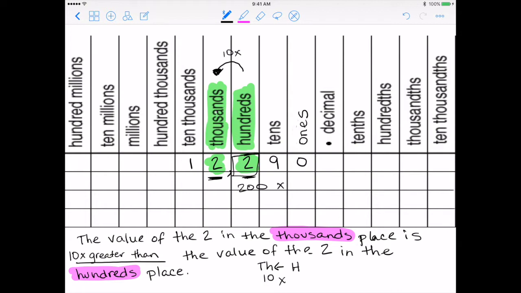And if I multiply that times 10, which we got from right here, 200 times 10 equals 2,000. So there I've just proved that 2,000 is 10 times greater than 200. Okay, you'll get some more practice on these, and we can also go over this more when we chat later this week.